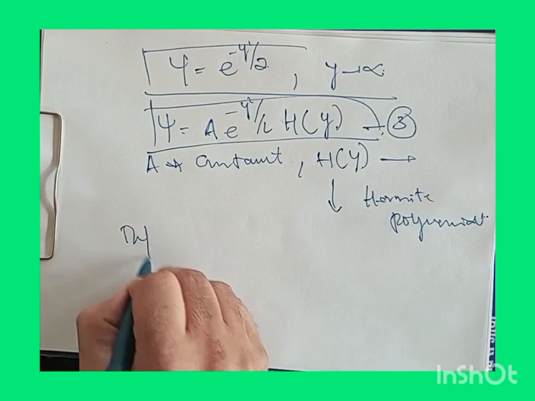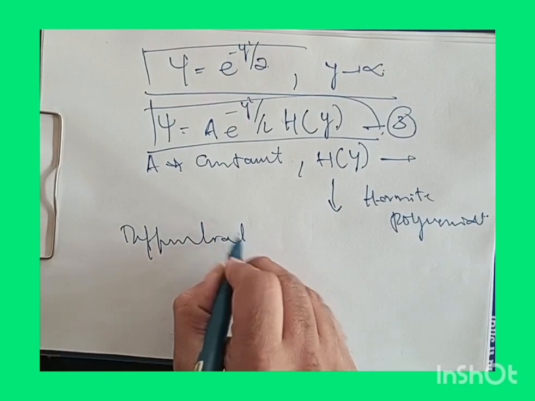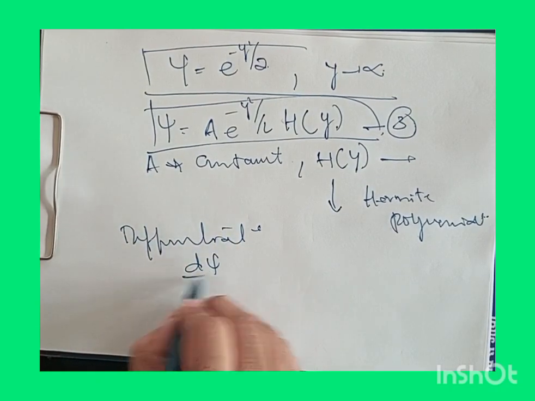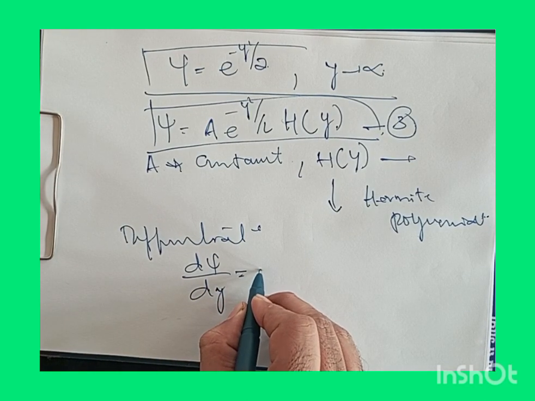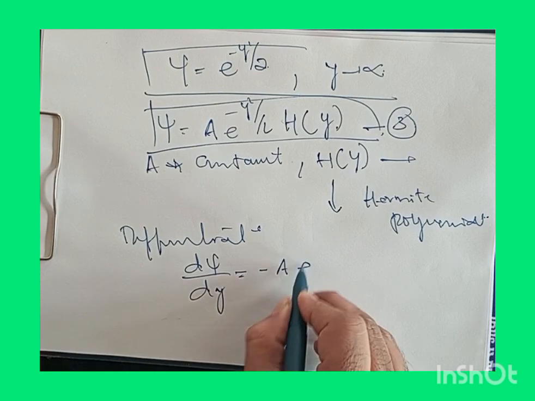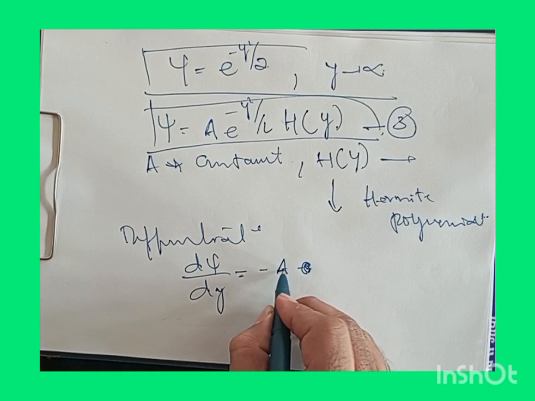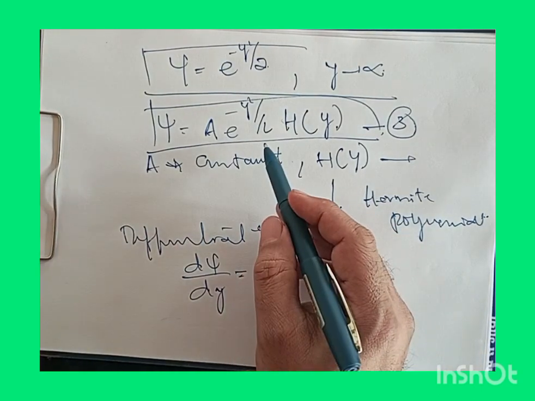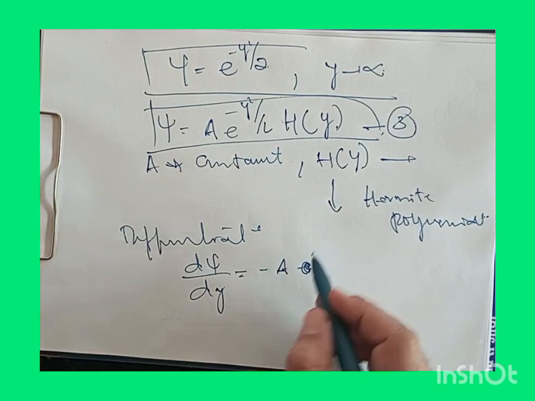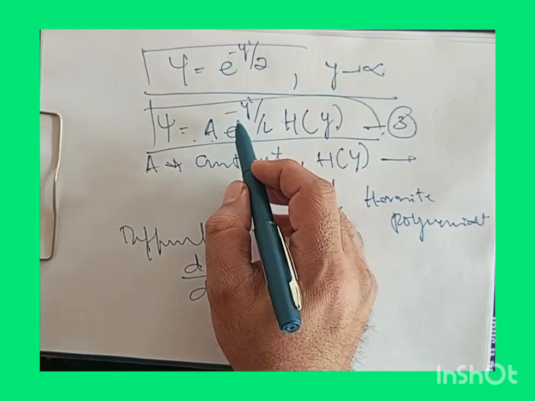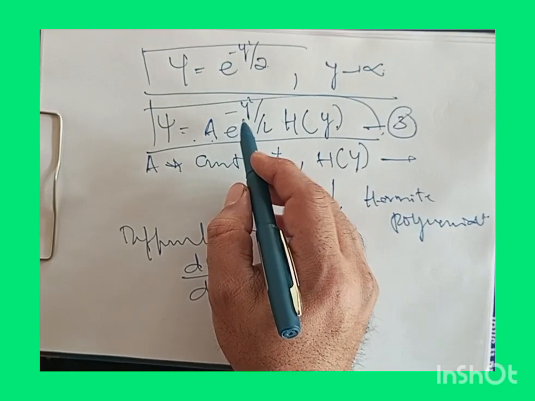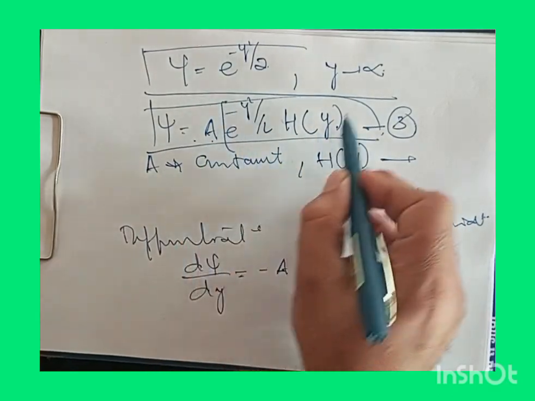So differentiating, what we find is d psi by dy will come up as minus a, then we have to use the uv form here.